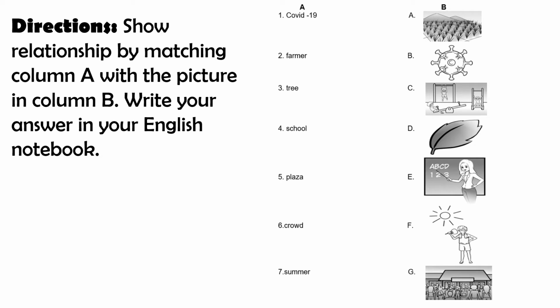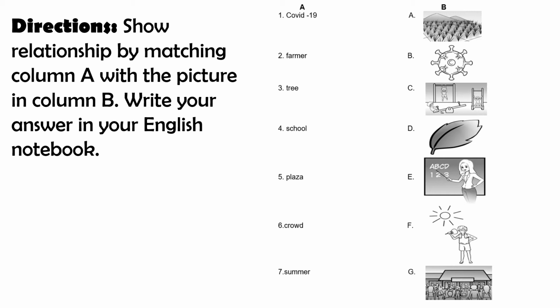Okay, let's proceed to the last part of our activity. All you have to do is to show relationship by matching column A with a picture in column B. Write your answer in your English notebook. Number 1 in column A, COVID-19. Number 2, farmer.